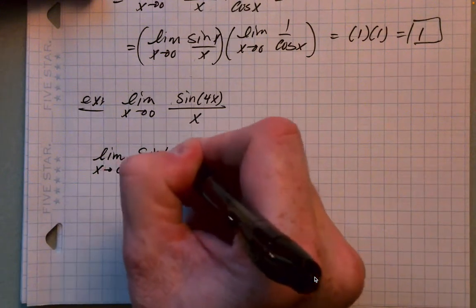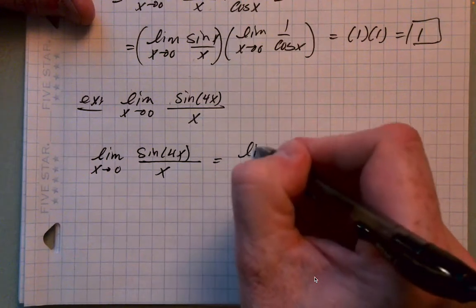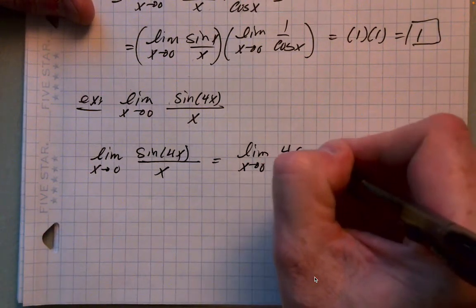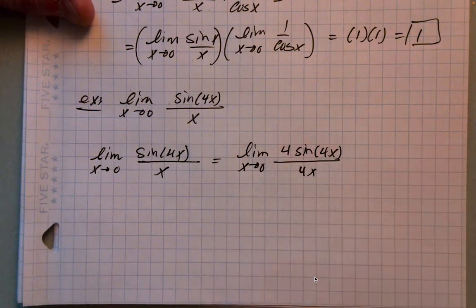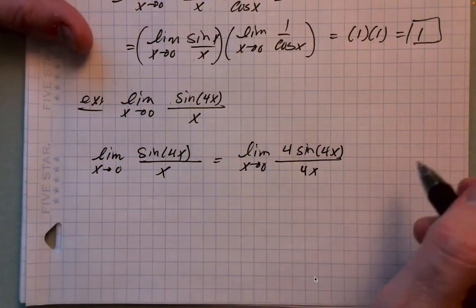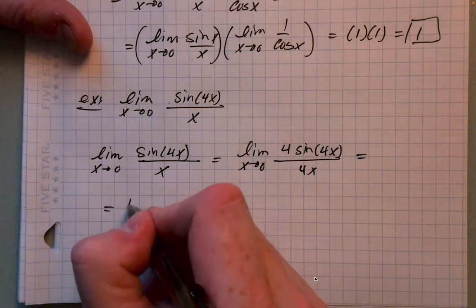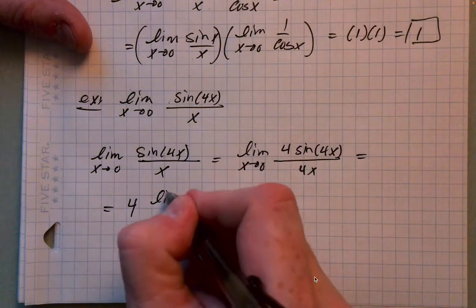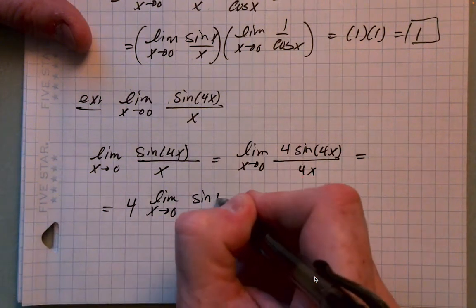The limit of sine of 4x over x is equal to the limit as x approaches 0 of 4 times the sine of 4x over 4x, right? Multiplying the top and bottom by 4. And so then we can pull this 4 outside of the limit, like so.